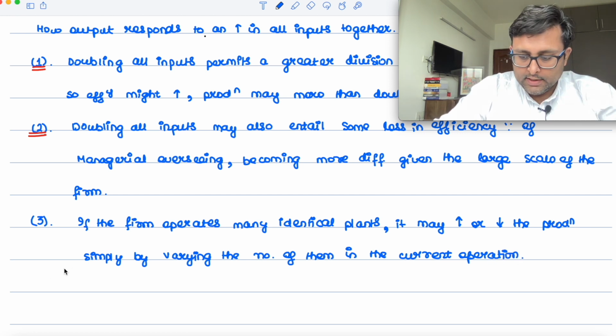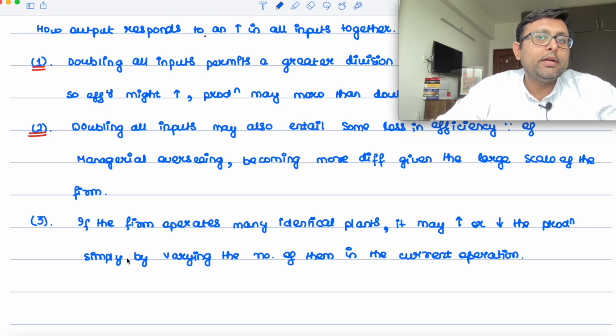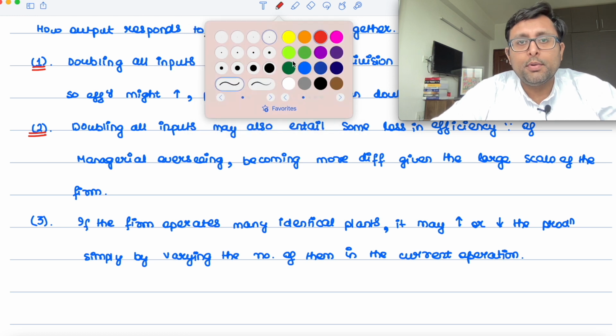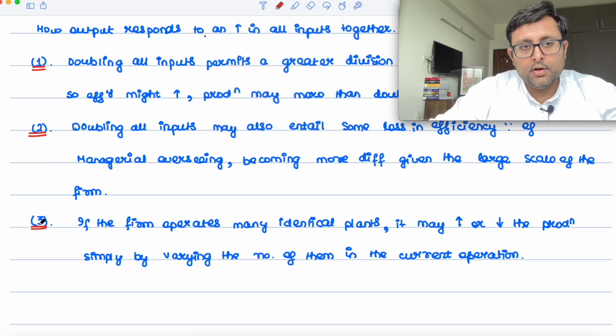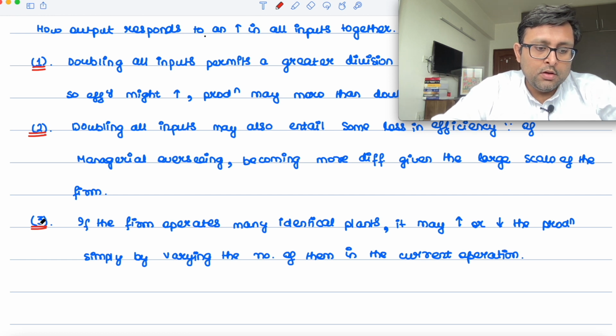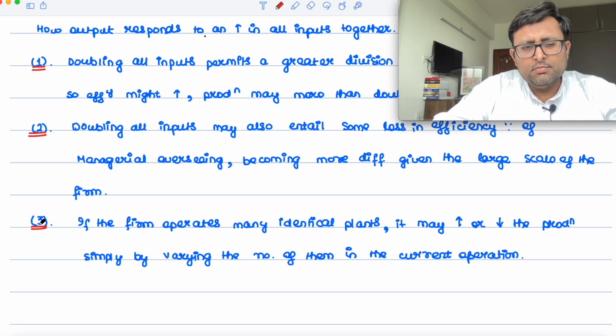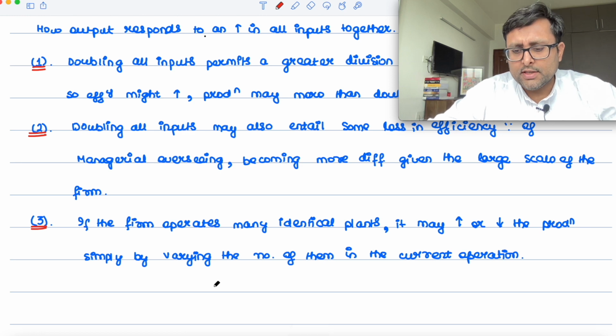They can just increase or decrease. For example, if they double the number of plants they are operating, they're identical plants, everything is the same, so they will be able to double the output. So that's a case of constant returns to scale. All of these are different possibilities.